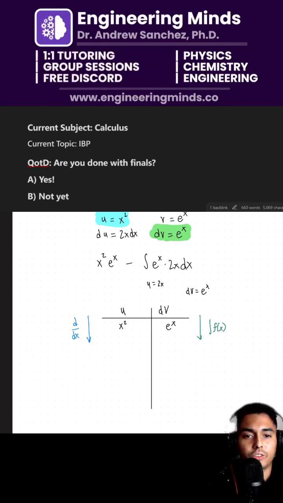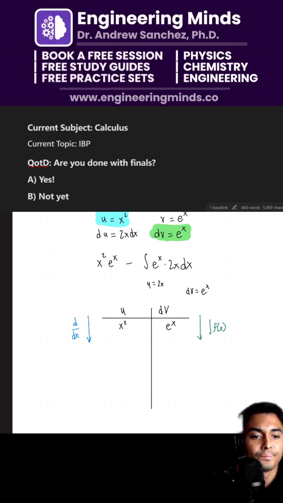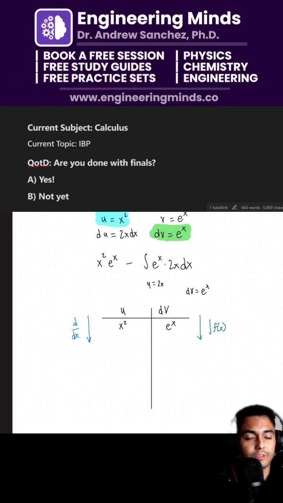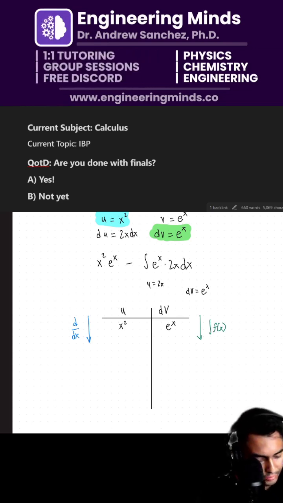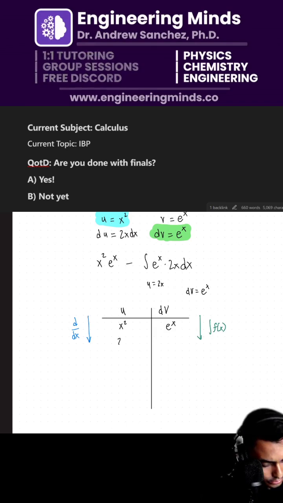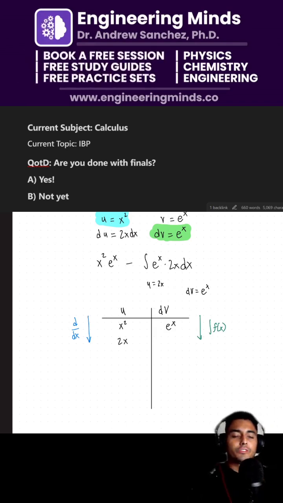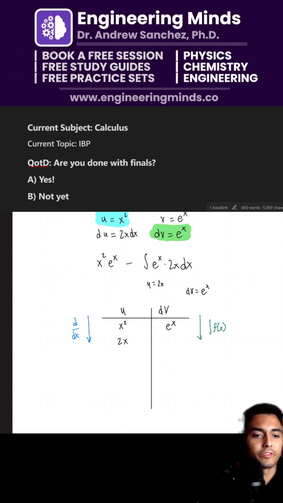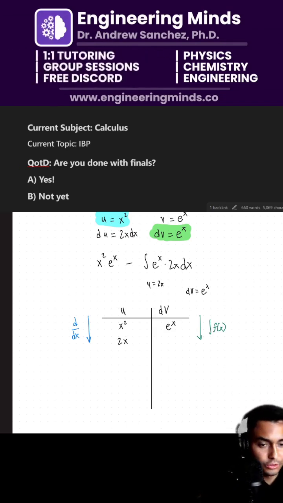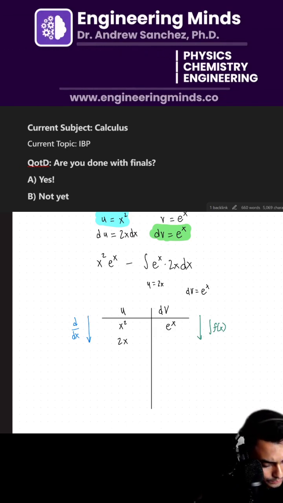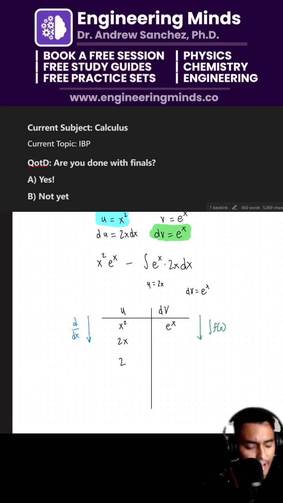So we're going to go ahead and differentiate the left hand side. So chat, let me know what is the derivative of x squared. It's going to be 2x, and then what's the derivative of 2x is going to be 2, and the derivative of that is going to be 0.